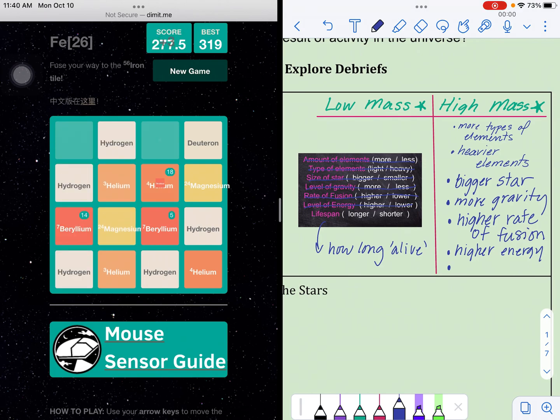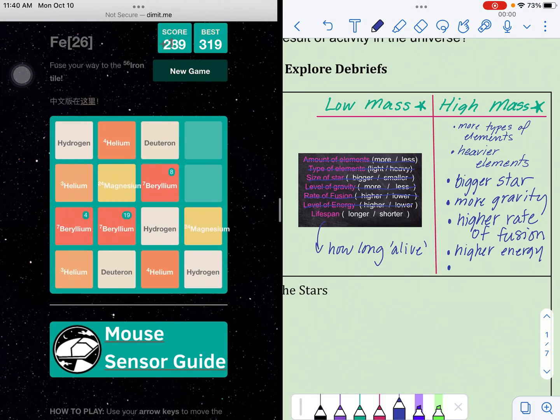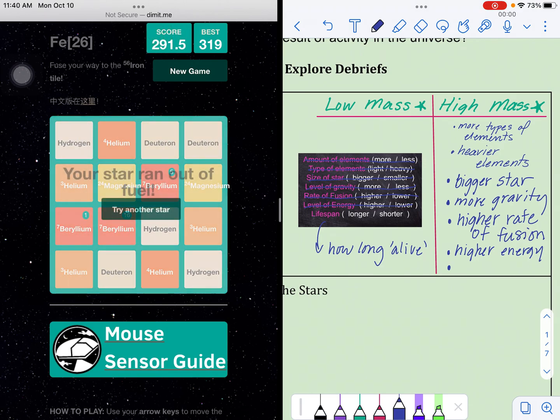And some of us that happened to, and some of us it didn't, but you hopefully noticed that it was more likely for our star to run out of fuel if I was going at a higher rate of all these things, right? My star ran out of fuel because I've literally used it all up. There's no more combinations that I can have. So it's easier to run through my fuel in a high mass star. Therefore, my lifespan is typically shorter.